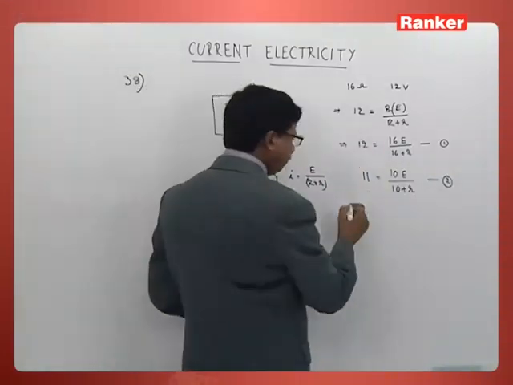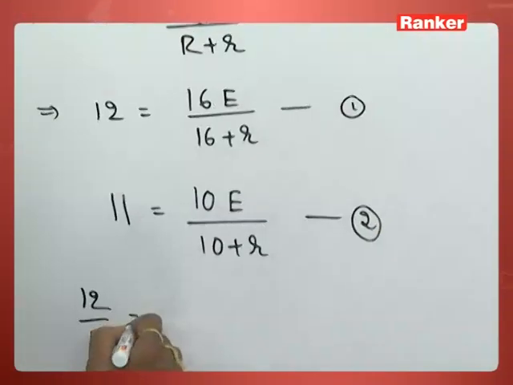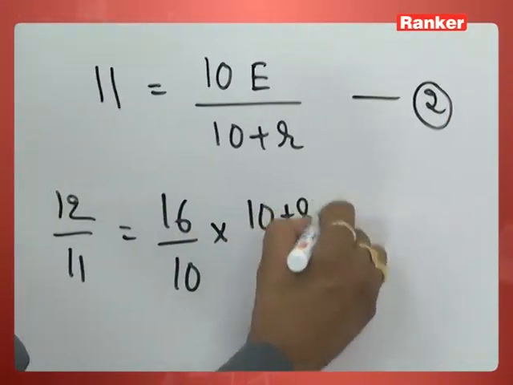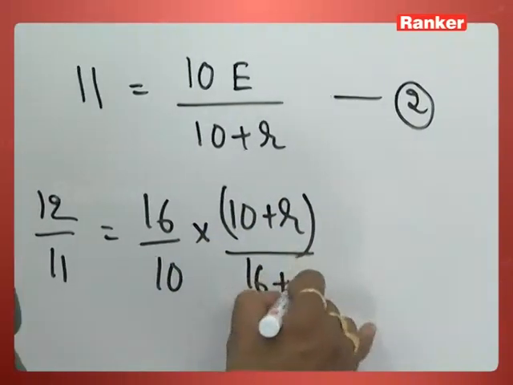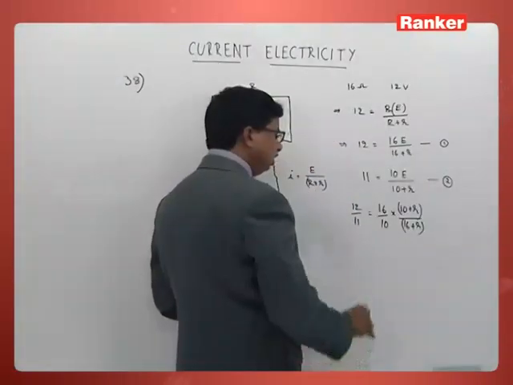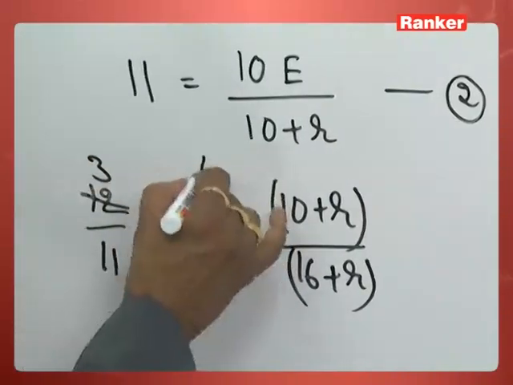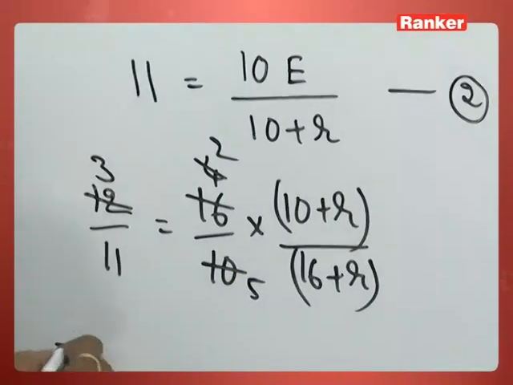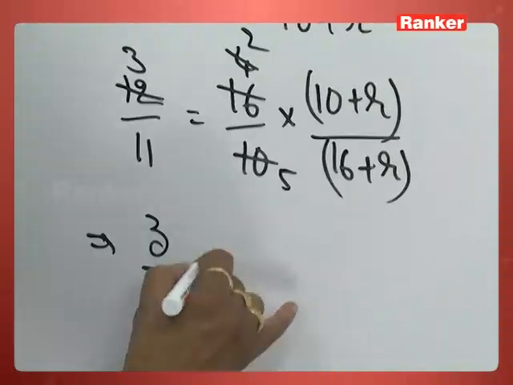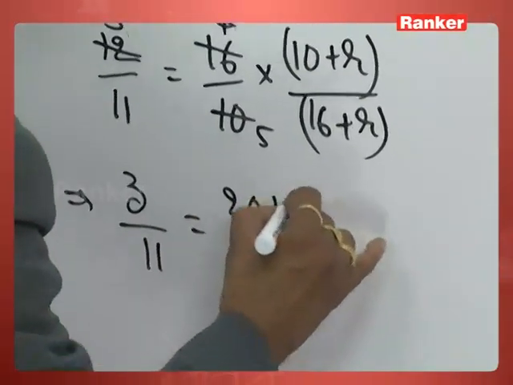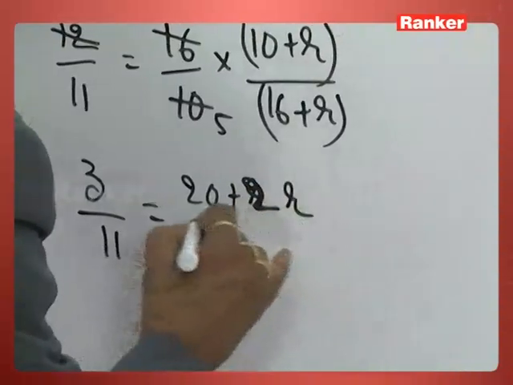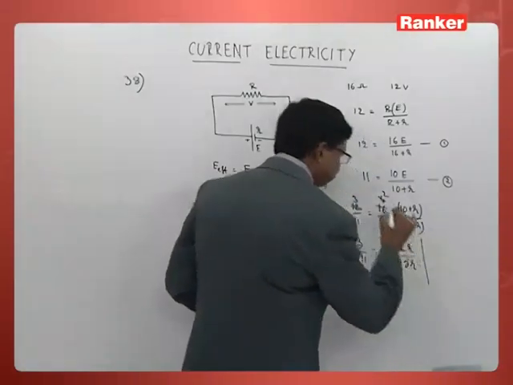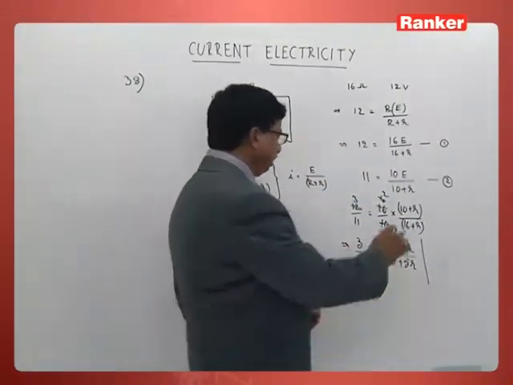Now take the ratio please. 12 by 11 is 16 by 10 into 10 plus r by 16 plus r. Of course 3 times 4 and 4 times 4 here. This twice you can cut and 5 times over here. This now becomes 3 by 11 is equal to 20 plus 2r by 80 plus 5r. Come on, cross multiply that one now.